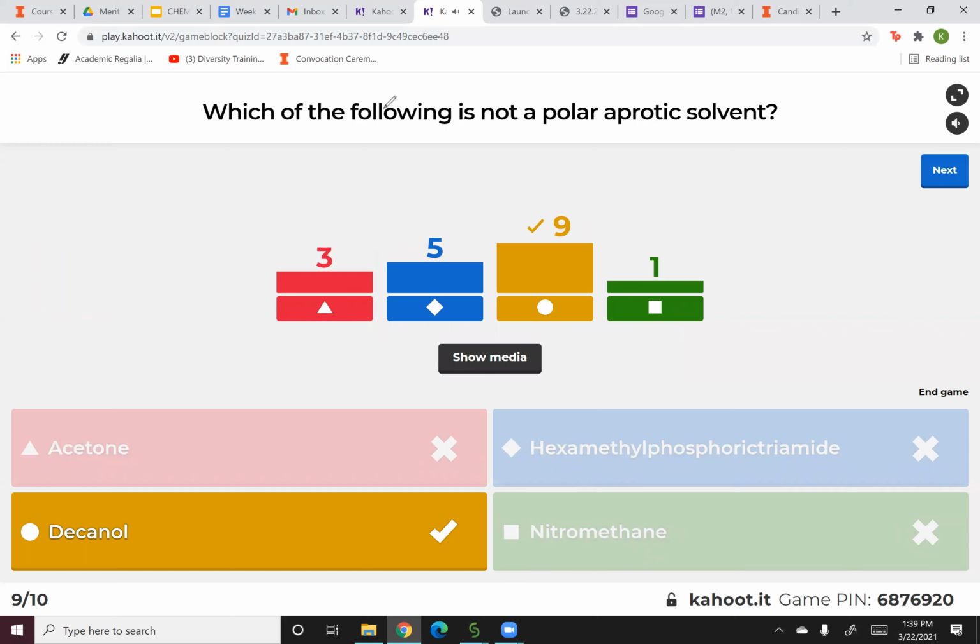Good, good. So there are 2 ways that we can tackle this. The first way is that if you've already memorized those 6 aprotic solvents, you'll recognize that acetone, nitromethane, and this is HMPA, or hexamethyl phosphoric triamide, that those 3 are your polar aprotic solvents. So that's one way you can think about this.